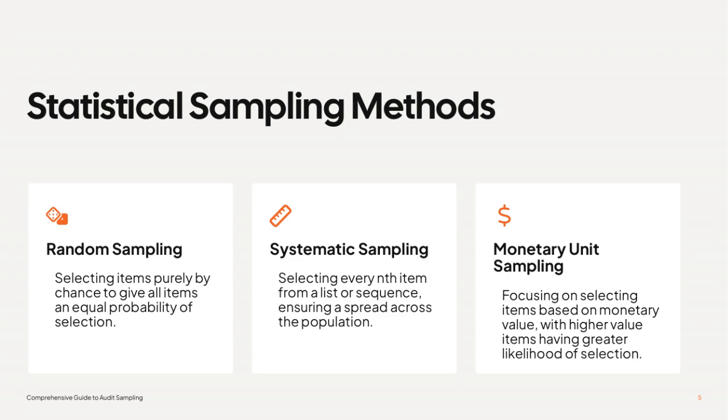This approach helps us cover the entire population evenly, making sure we don't miss any sections. Finally, there's monetary unit sampling. This method focuses on the monetary value of items, meaning higher value items have a greater chance of being selected. It's particularly useful when we want to pay special attention to items that could have a bigger financial impact.